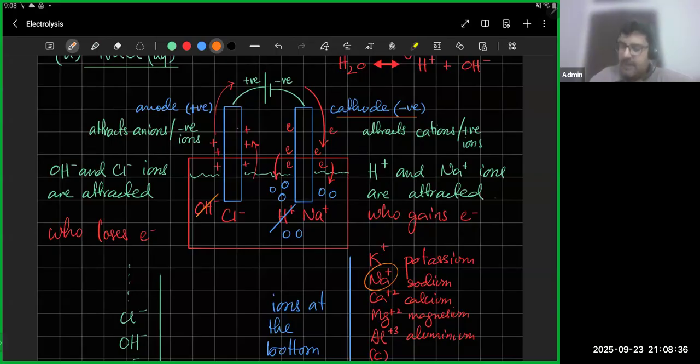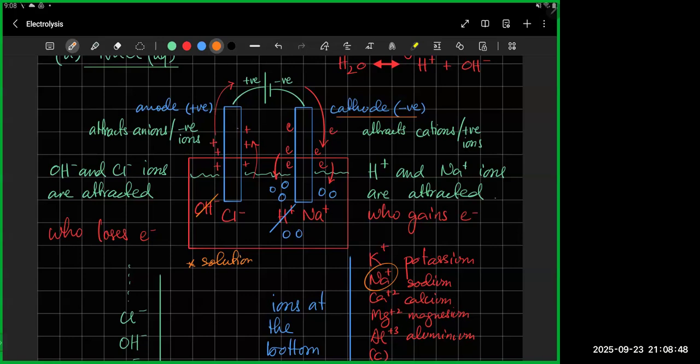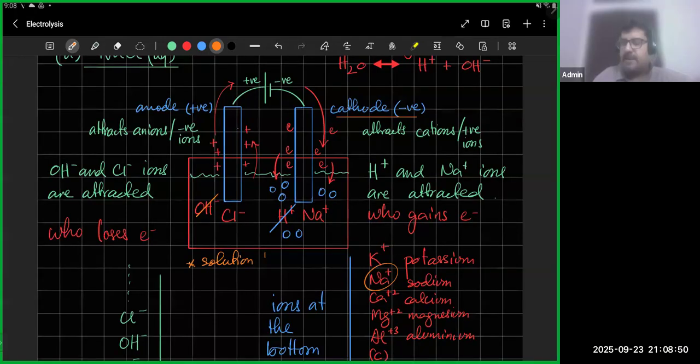So over time your solution is going to become more concentrated because water is being removed. NaCl remains. The only thing is that water would be gone because H+1 is turning into H2 gas and your OH ions are turning into oxygen gas.